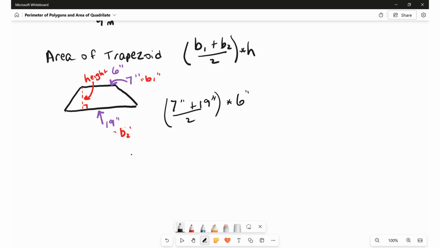So that ends up giving you 13 inches times 6 inches, which makes the area equal to 78 inches squared.